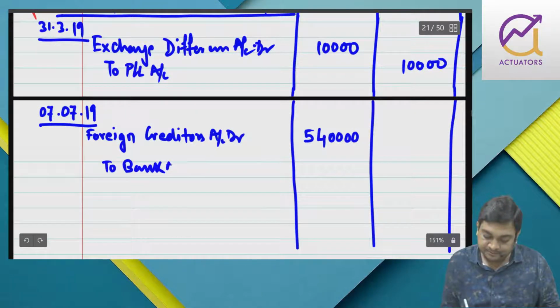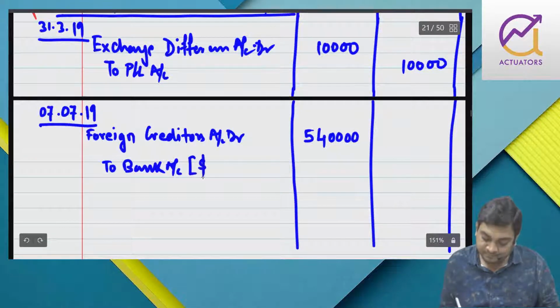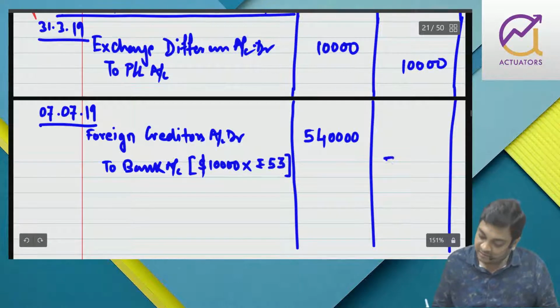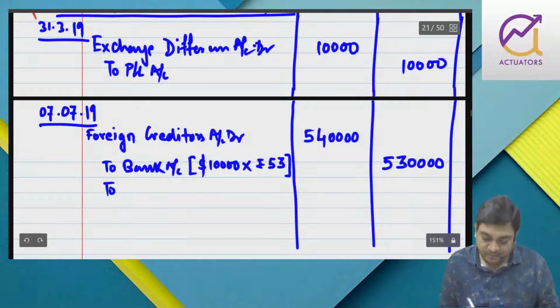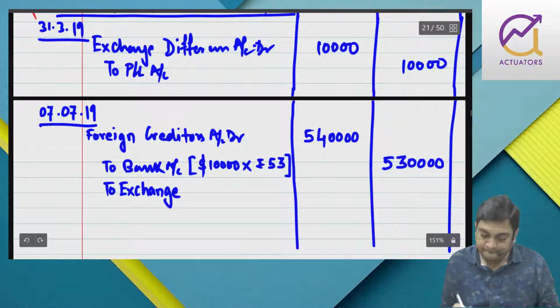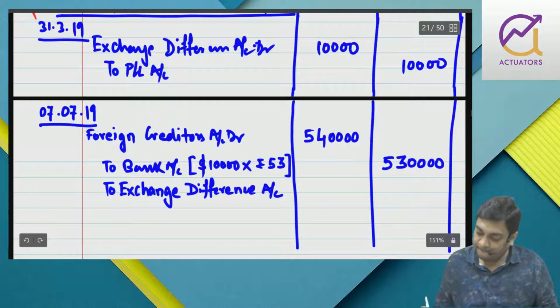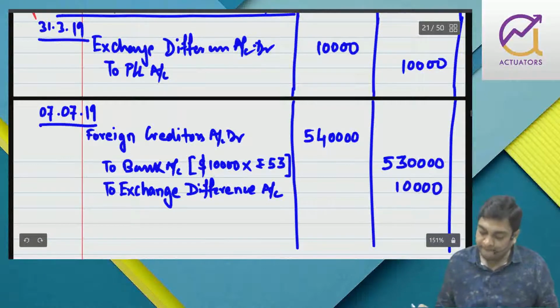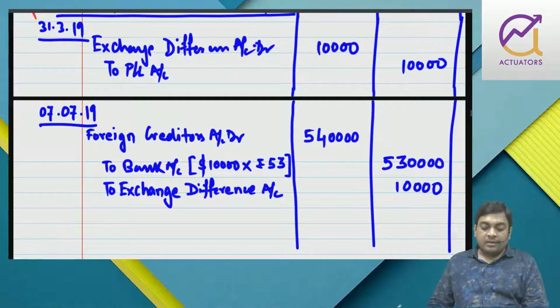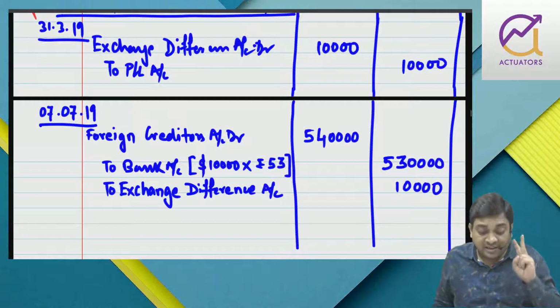To bank, $10,000 into 53. So they did two mistakes.